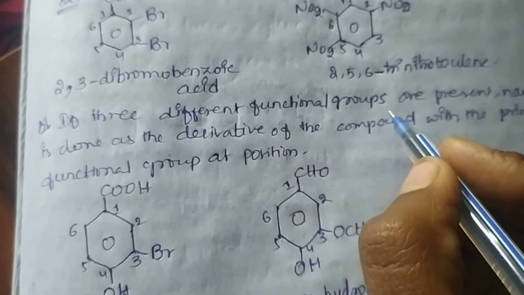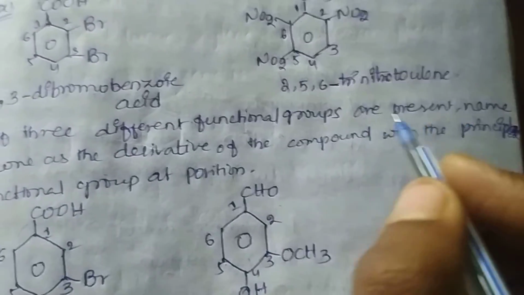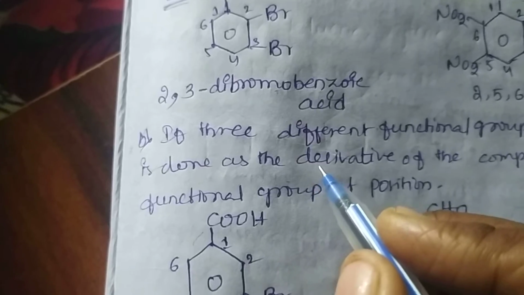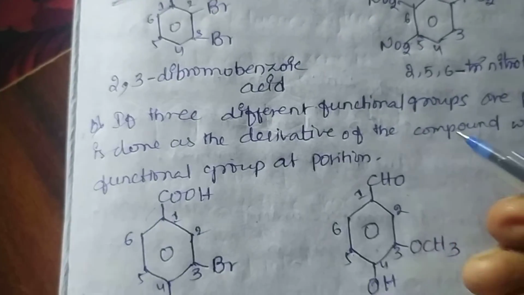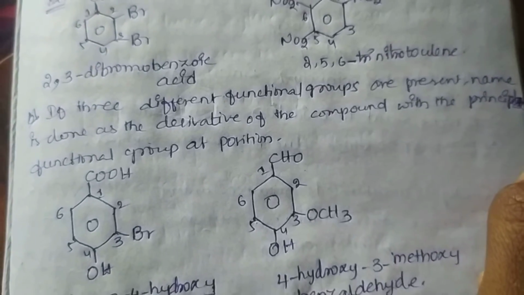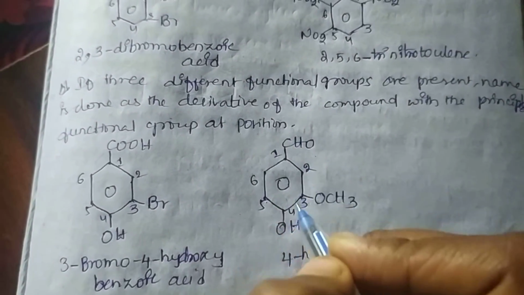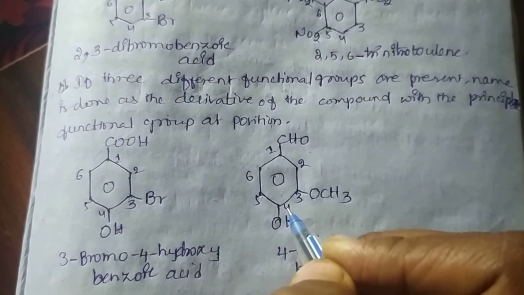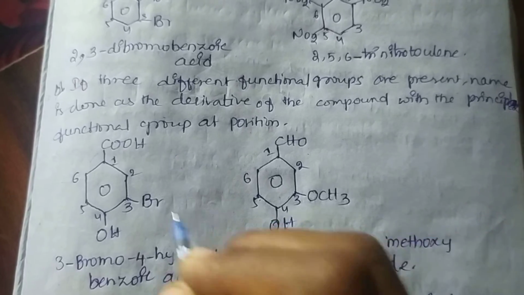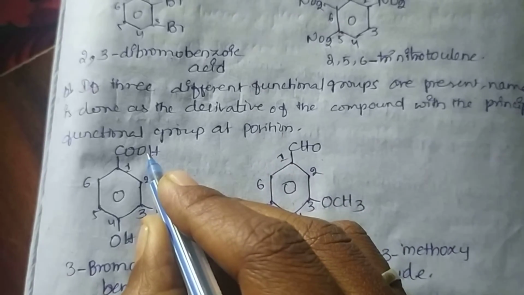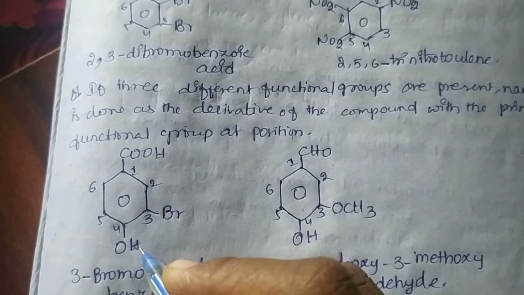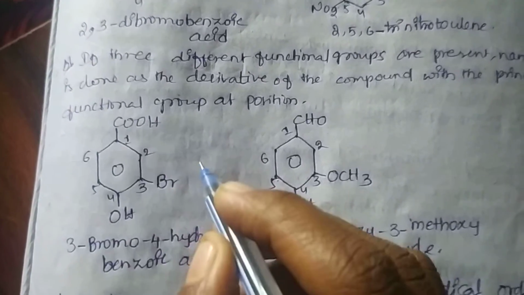If three different functional groups are present, the name is given as the derivative of the compound with the principal functional group at the positions. So here carboxylic acid and hydroxyl group are the different functional groups, and a substituent is also there.